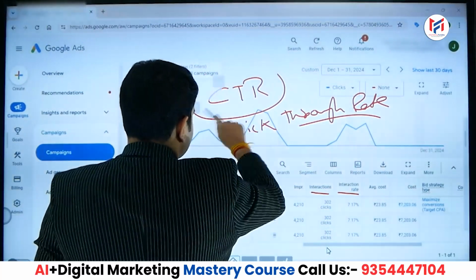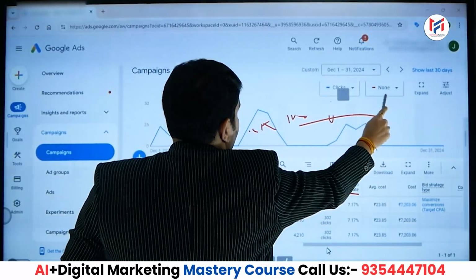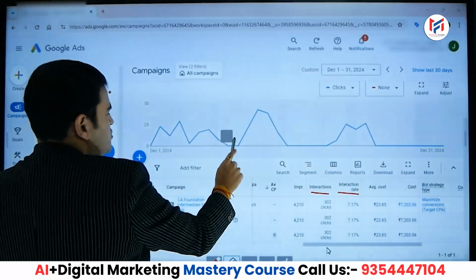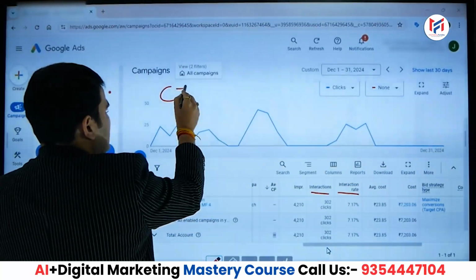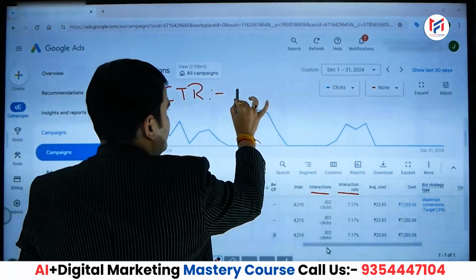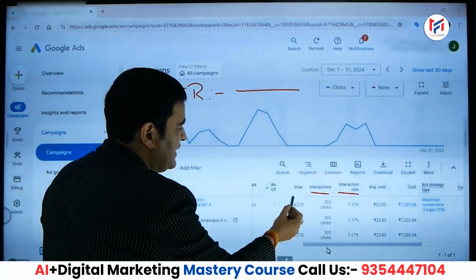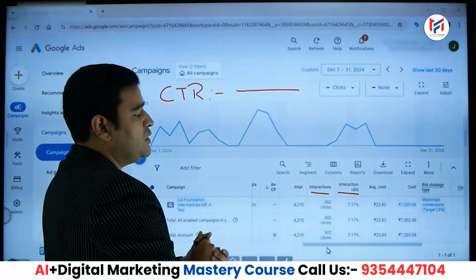Now we will remove this here, and we will see how the CTR is calculated. Friends, if we have to discuss how to calculate the CTR, say you started running a particular ad, and in that ad you see a total of 4200 impressions.